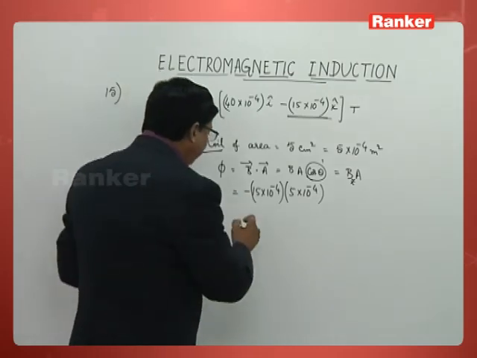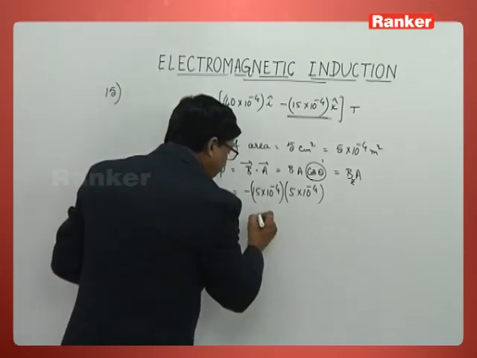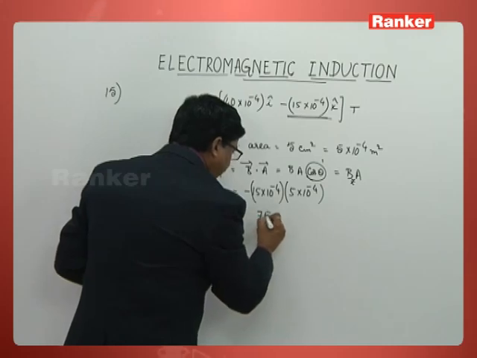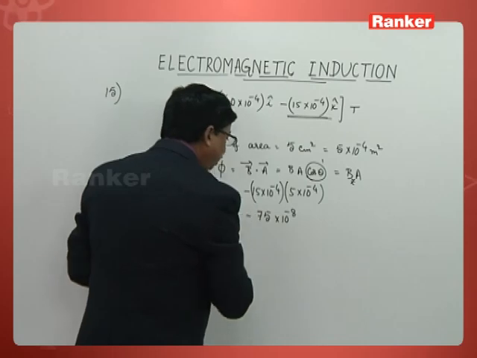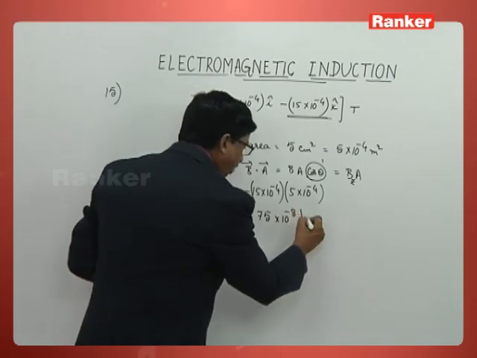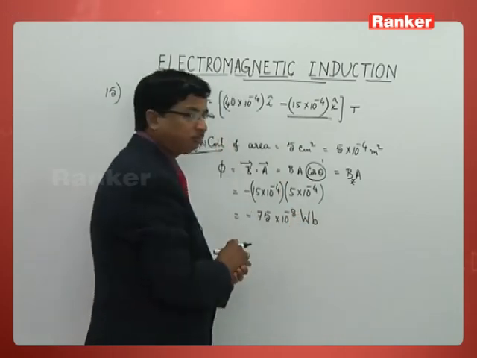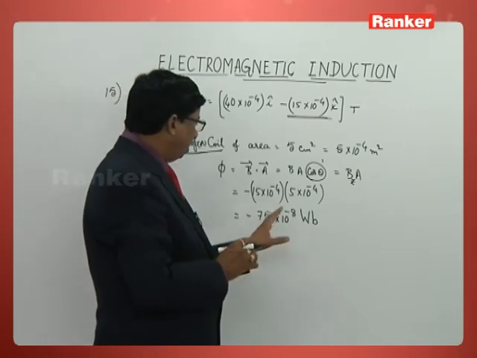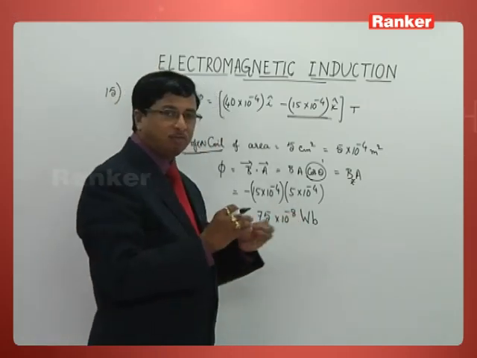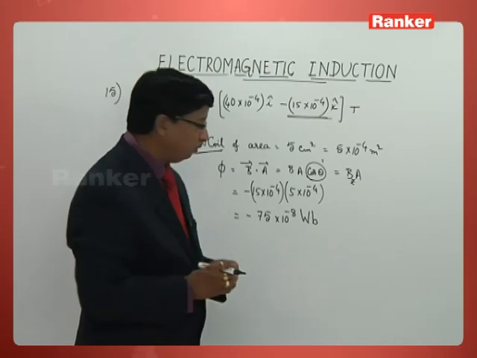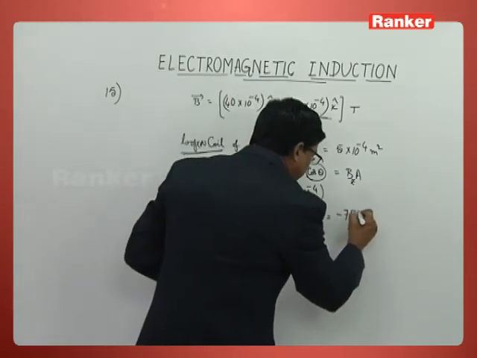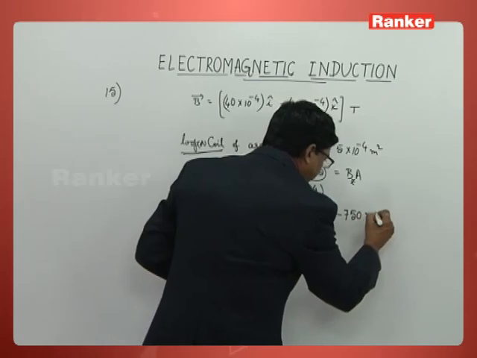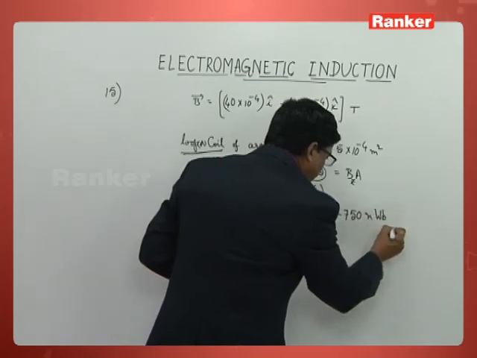So what can I write here? 5 times 15 is 75 into 10 power minus 8 with a negative sign, Weber. But he has not given the answers directly in Weber; he gave them in nano Weber. So you can write this as minus 750 nano Weber.